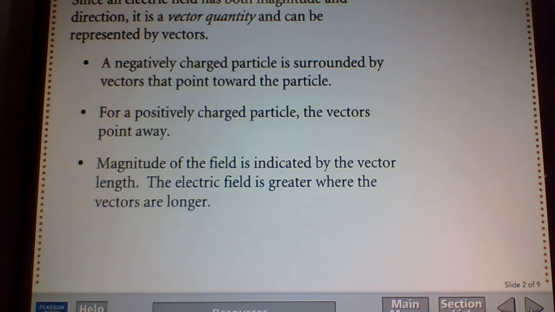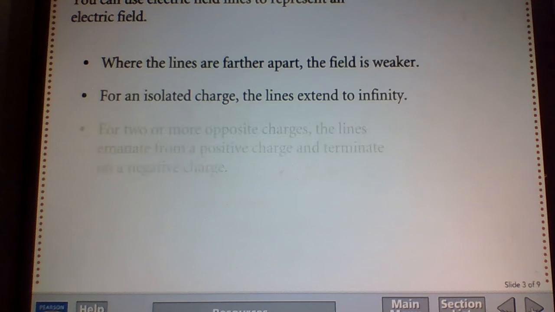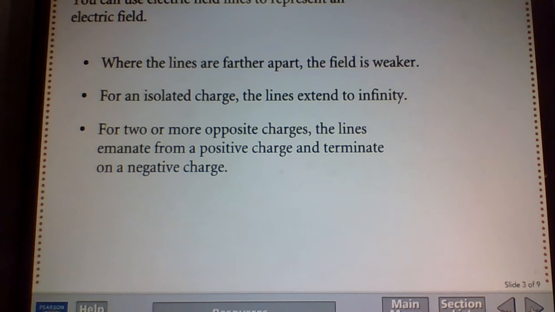The magnitude of the field shows as a vector with longer length for bigger fields and shorter length for smaller fields. So you can use these electric field lines to represent the electric field.